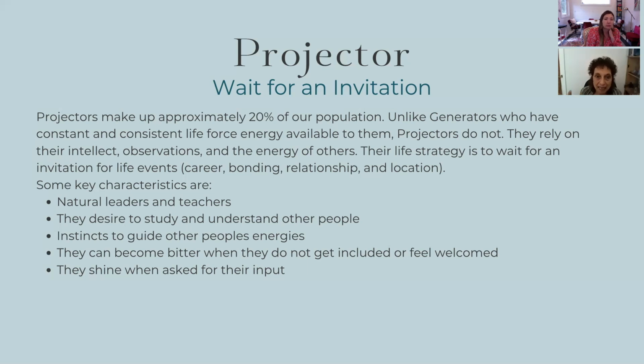These are the main life events that, in order for them to work for you, there has to be, and there's a term in Human Design, did you enter into it correctly? And this is really important for a projector. How did a relationship get started, whether it's a friendship or even a mentor or something like that?